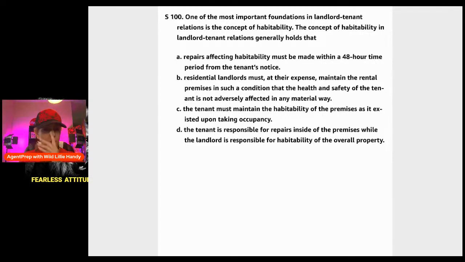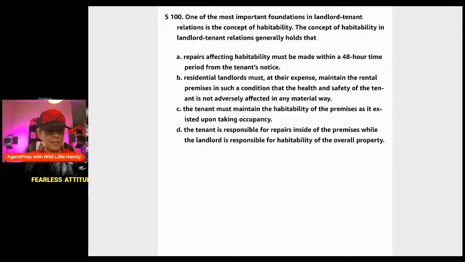Okay, let's finish this question. Type your answer in the chat for 100. So Cindy, Delta got B, Carol has A. The answer is actually B. Residential landlords must, at their expense, maintain the rental premises in such a condition that the health and safety of the tenant is not adversely affected in any material way.